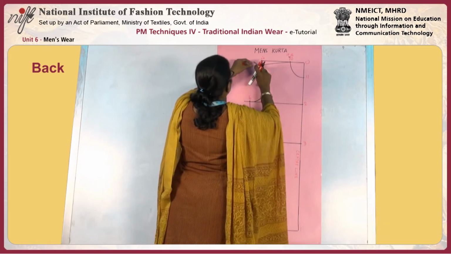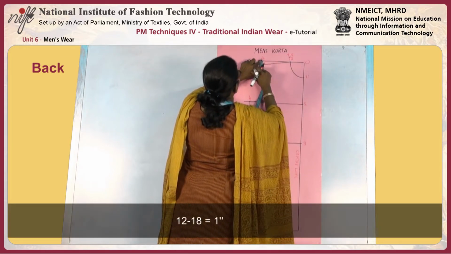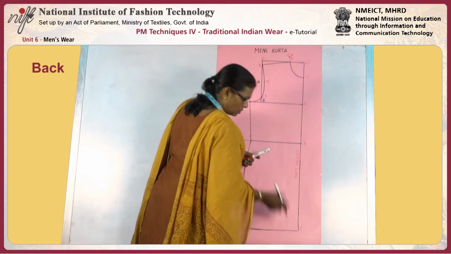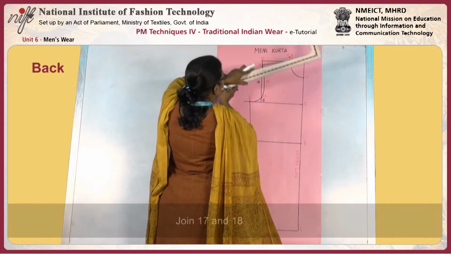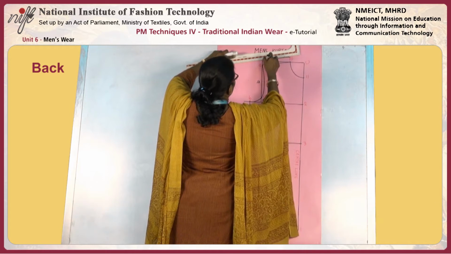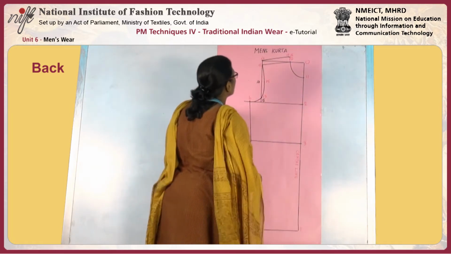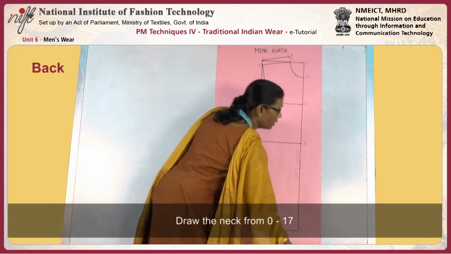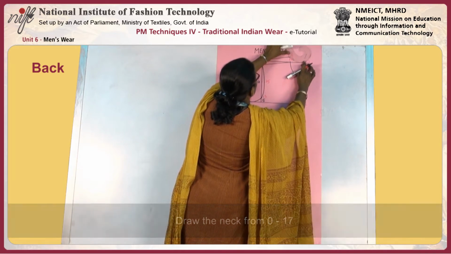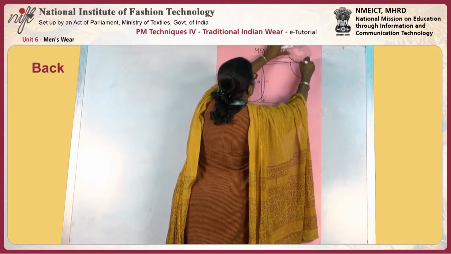Mark 12 to 18 as 1 inch. Join 17 and 18, and draw the neck from 0 to 17, 1 inch flat.